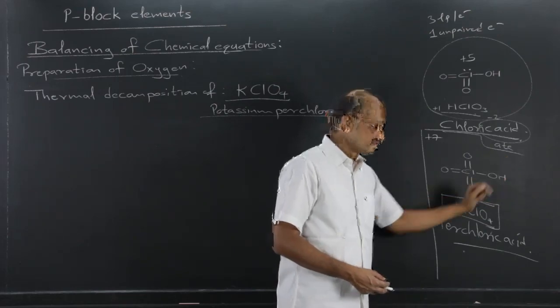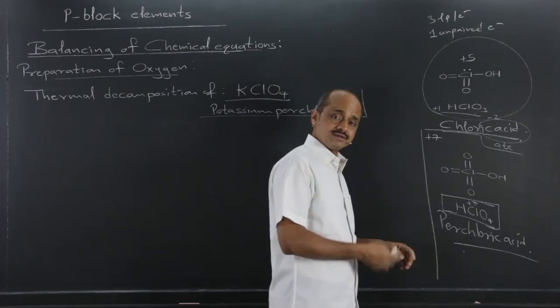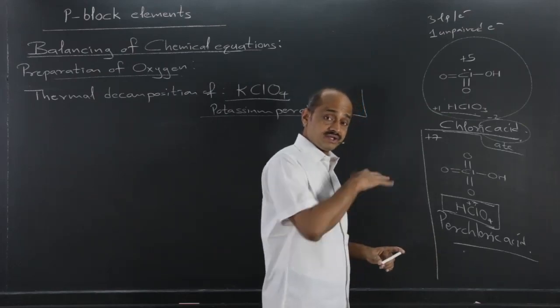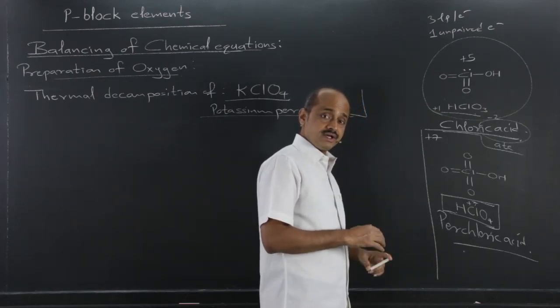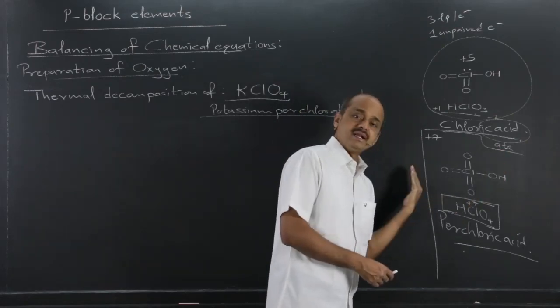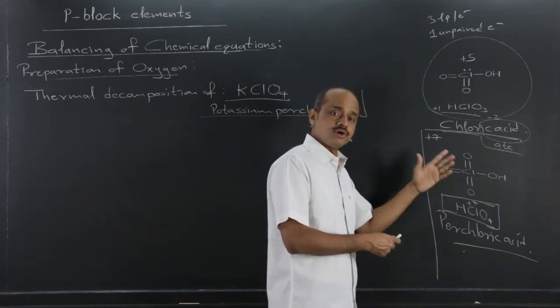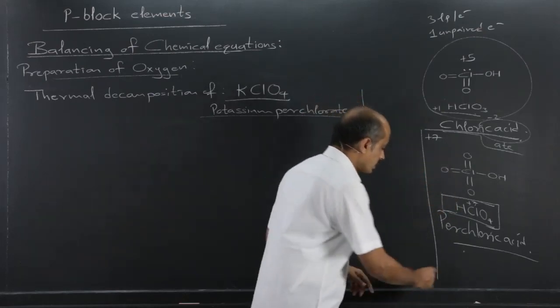So when dissolved in water, heterolysis takes place, like what we considered in the case of HCl, which when dissolved in water gives H plus and Cl minus ions. Here H plus and the remaining negative ion form to a very large extent, almost all of whatever is dissolved. So this comes under what we call a strong acid.